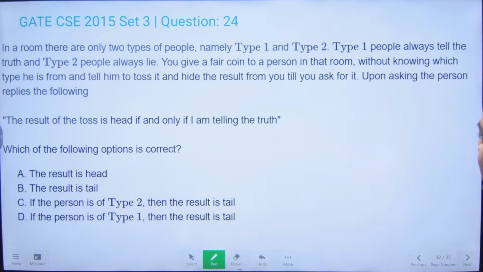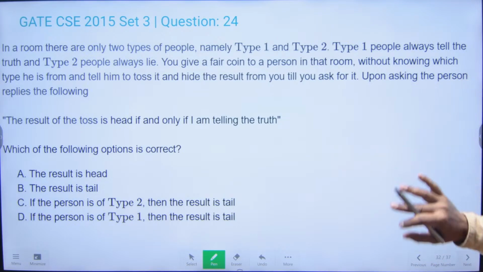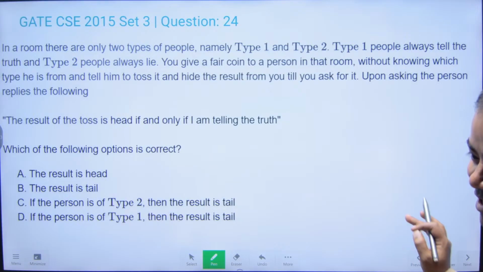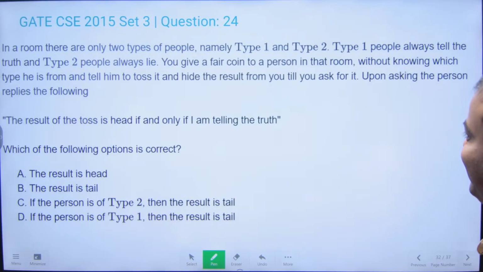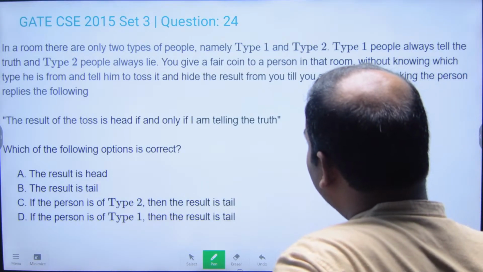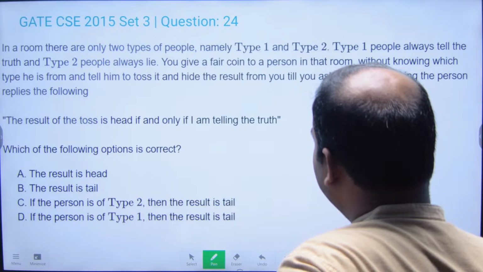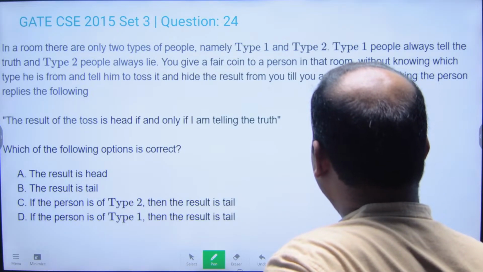Upon asking, the person replies the following. You have to consider that the person is doing all those things. The result of the toss is head if and only if I am telling the truth.